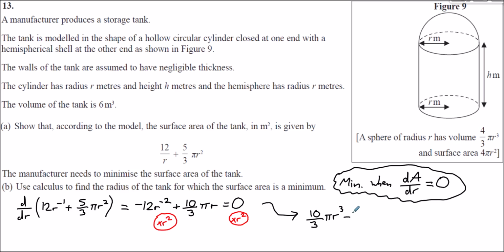So I get minus 12 equals 0. So therefore, this can be rearranged quite straightforwardly.